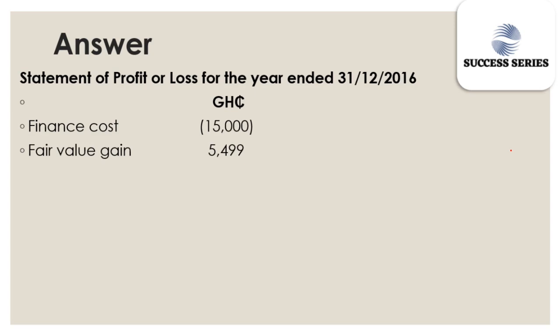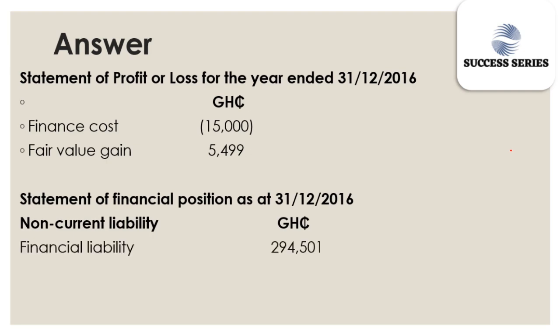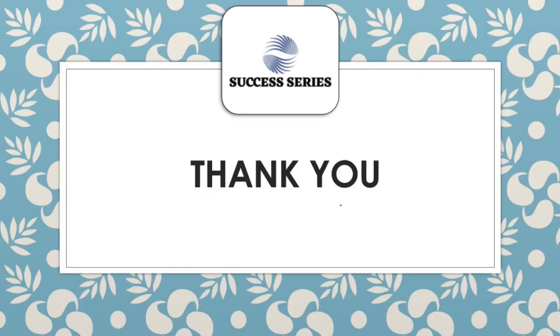And then we also have to prepare our statement of financial position. And here we are going to show the closing balance of our instrument. And here the closing balance of our instrument will be its fair value, which we're given as 294,501.